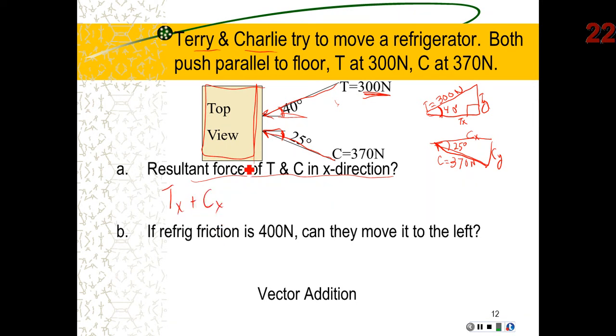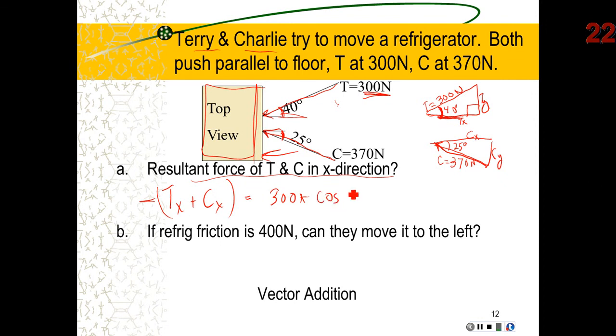They're pushing in a negative x direction, so I'll throw in that negative sign there. And so we just go back and resolve each. 300 times, you're looking at is tx a sine or a cosine? tx is adjacent to the angle, so that is a cosine.